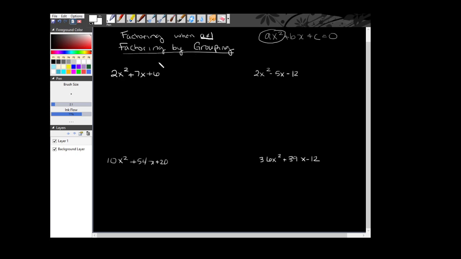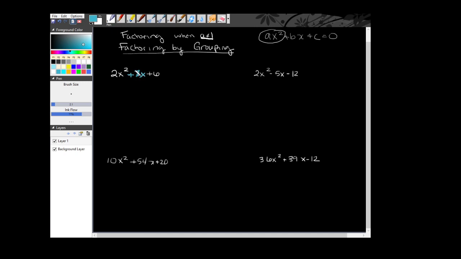The entire premise of factoring by grouping is to take this middle term, this b term, and to split it into two other terms, and then to factor using grouping and taking the GCF out.